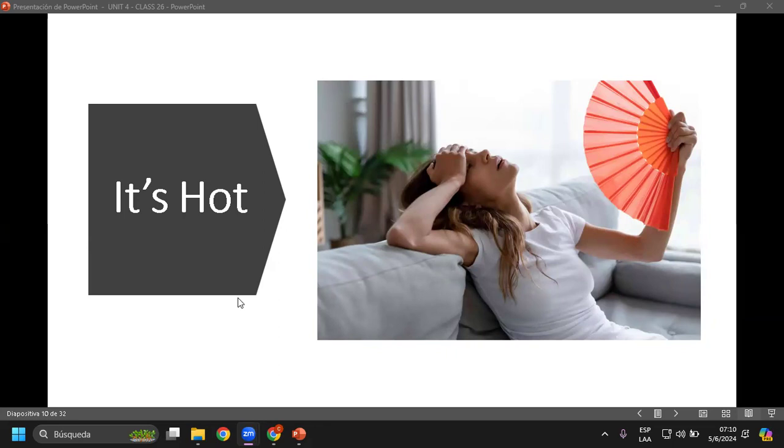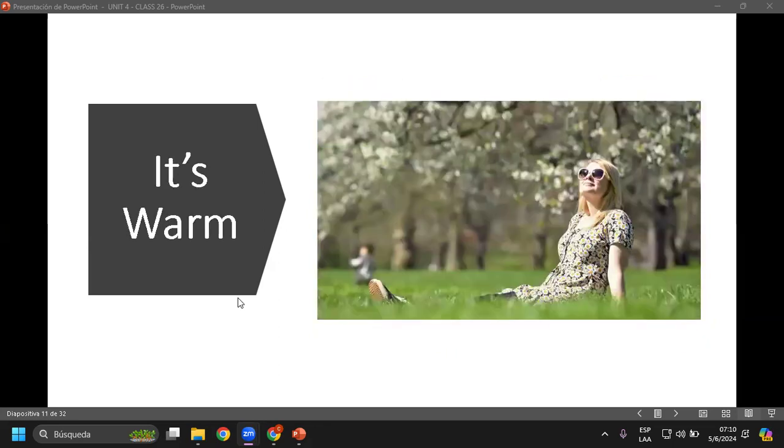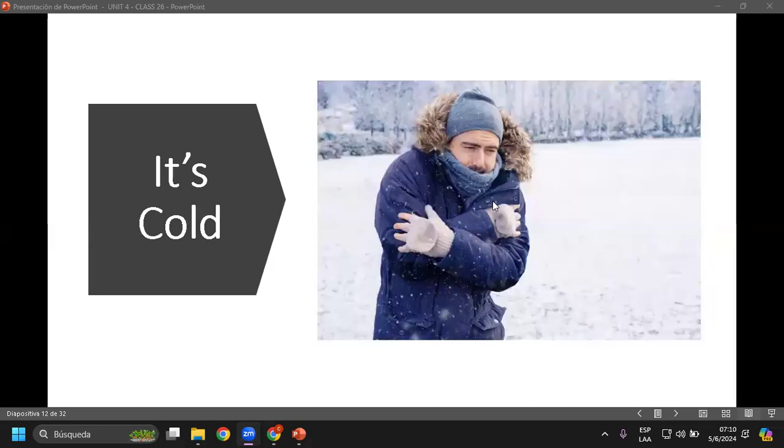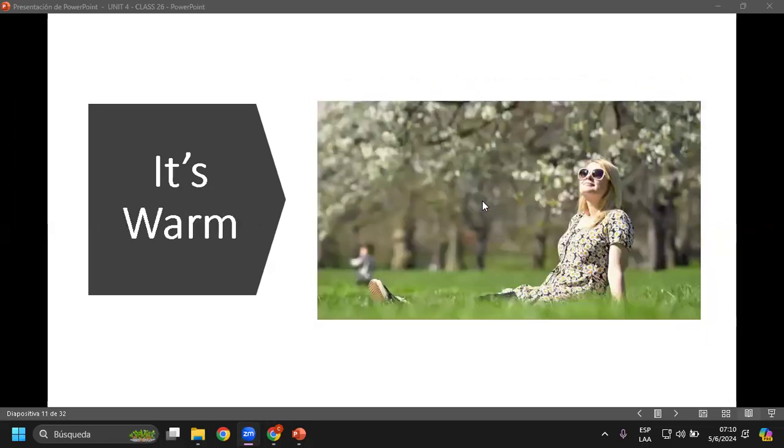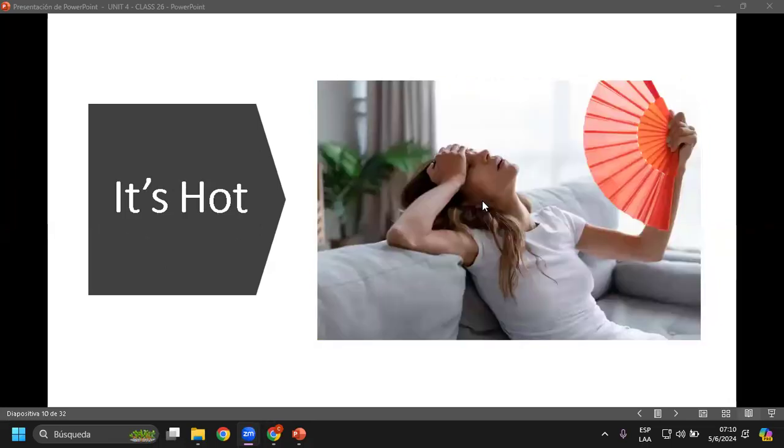Yes, high temperatures. But we also have warm. What is warm? No idea? Okay, warm is not so hot, but not cold. So we have cold and we have hot.